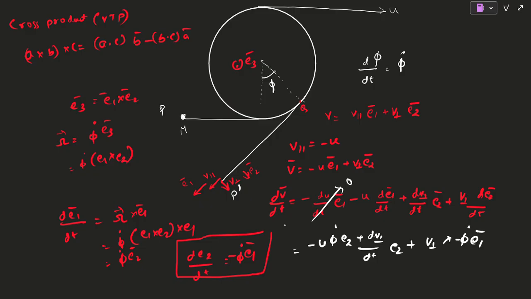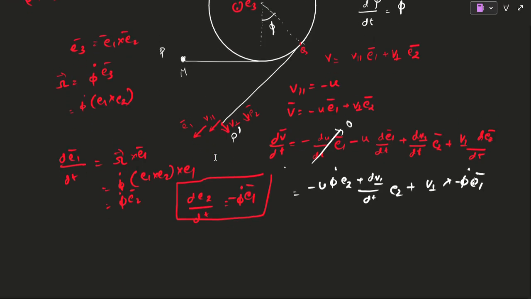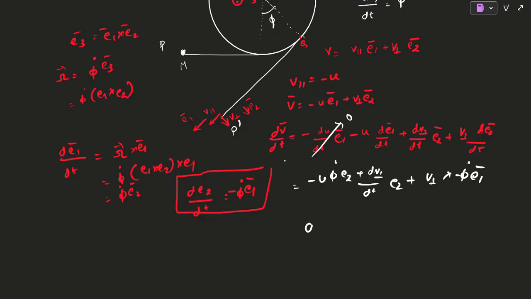Now observe that the acceleration of the body in the e2 vector direction, which is dv vector by dt dot e2 cap, will be the acceleration of this body along the direction perpendicular to the string. Since the force perpendicular to the string is 0, it should come out to be 0. Hence this component will come out to be 0.